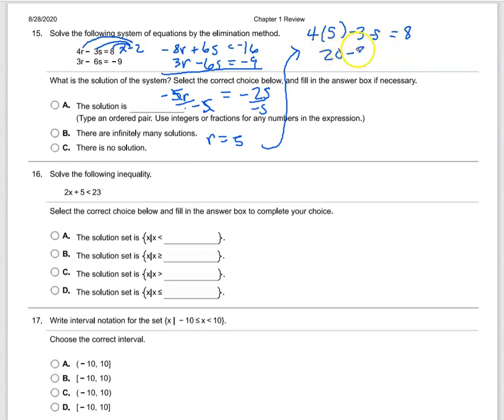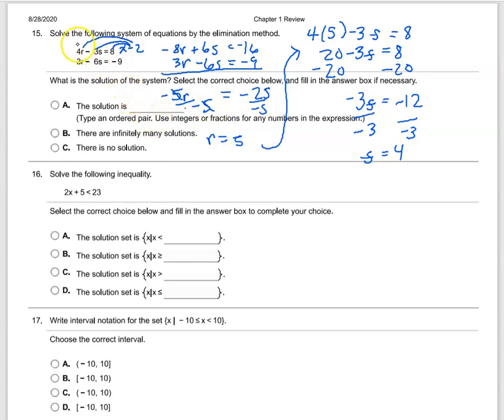That's 20. I'm going to subtract 20 from both sides of the equal sign. So negative 3s is equal to 8 minus 20, which is negative 12. Divide by negative 3, so s is equal to 4.